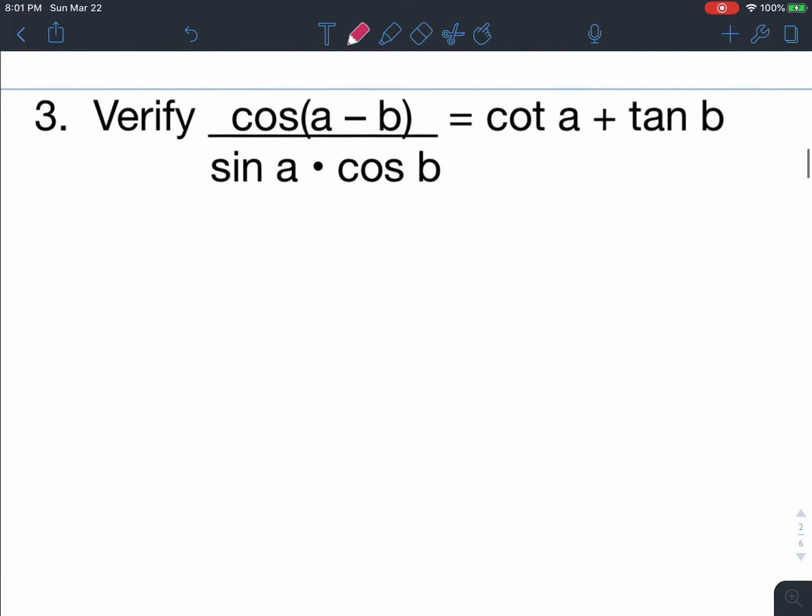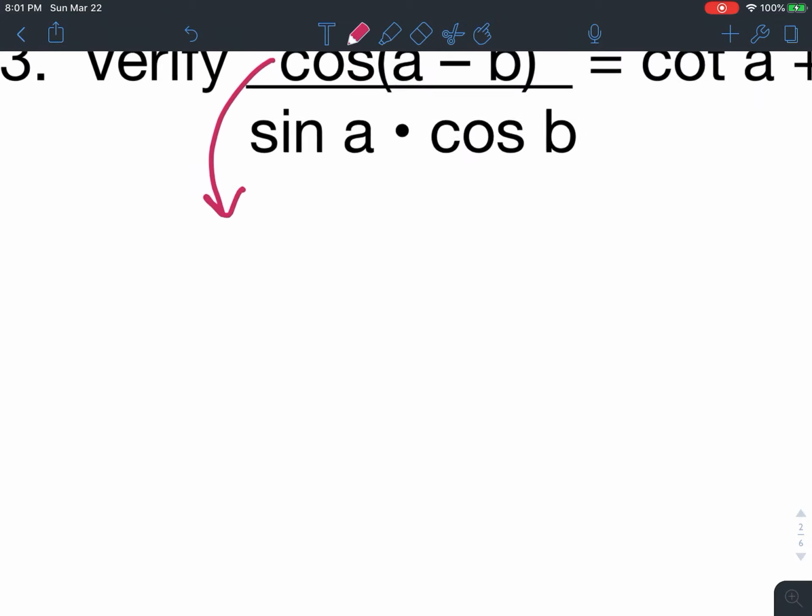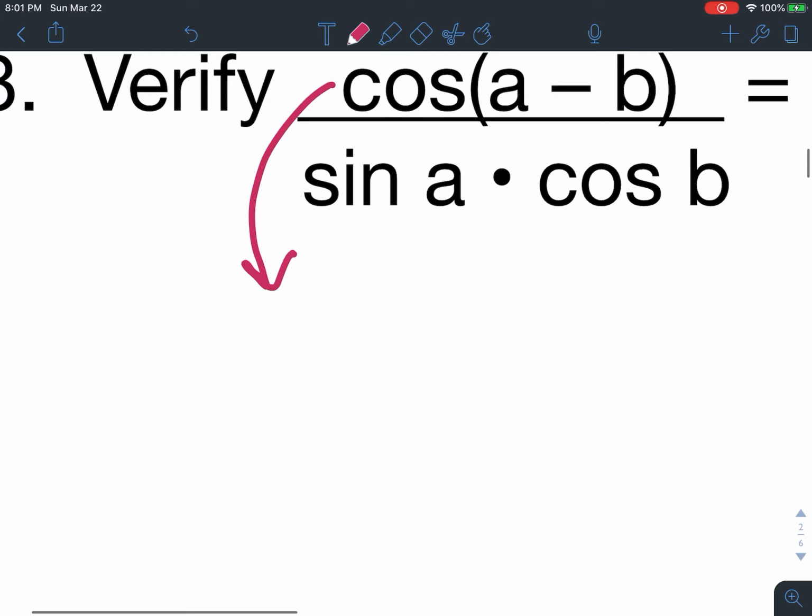Ooh, now we have a verifying, just like in the last section. So we have to make cosine A minus B over sine A times cosine B look like cotangent A plus tangent B. Well, let's see if we can make this happen. Let's start with cosine of A minus B. Let's change him into the formula that we just learned.